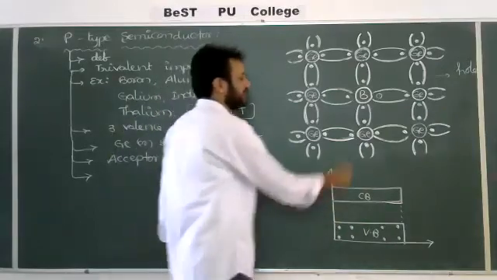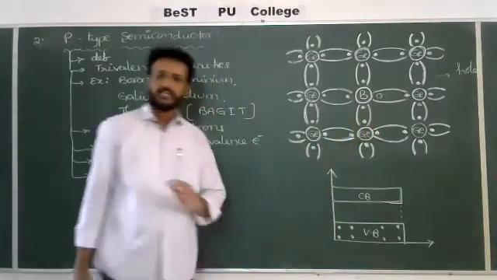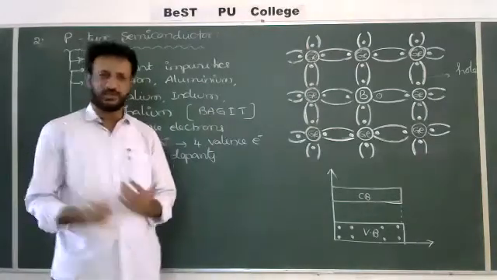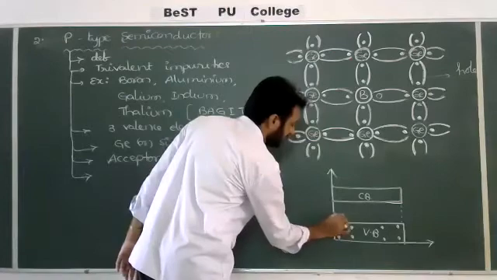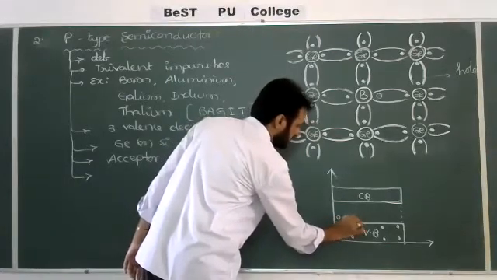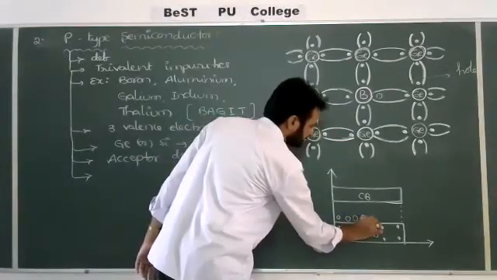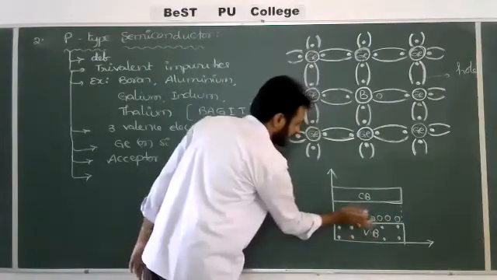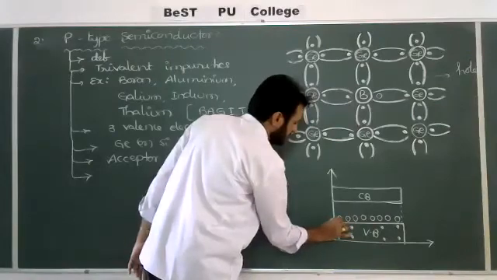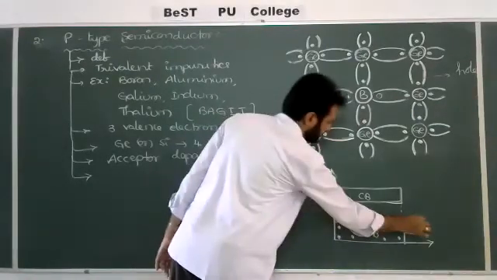For example, if 10 atoms are doped, 10 holes will be created; 5 atoms doped, 5 holes. All these holes will occupy a separate layer just above the top of the valency band like this.